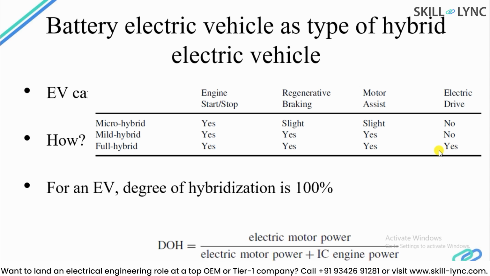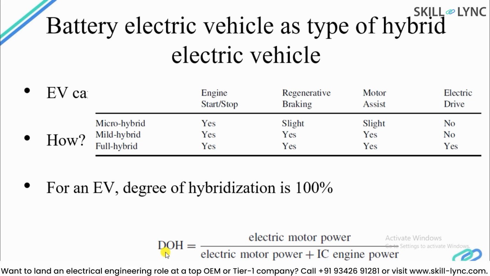Let me give you an equation for the degree of hybridization. It is the electric system power, or electric motor power, or it can be a combination of motor and battery as well. It is the ratio of electric motor power to the total power, where the total power is the combination of IC engine along with the electric motor.